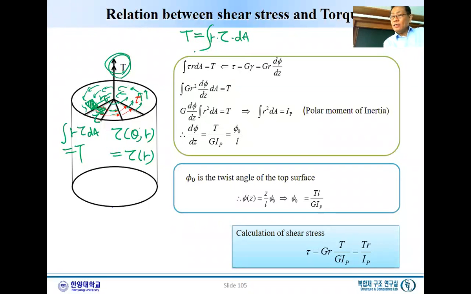Okay, now this is basically the equilibrium equation. External load, and this is the internal stress distributions, and they need to be equilibrated. And then, importantly, this is the tau. What is the tau? Well, we have a stiffness, tau equals G gamma.